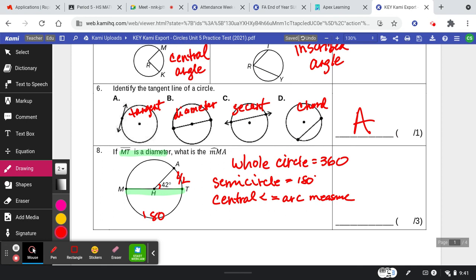So if I know this is a 180 and I know this is a 42, can I find that missing piece now, Chloe? What am I going to do? So what I did was you do 360 equals 180 plus 42 plus arc of MA.